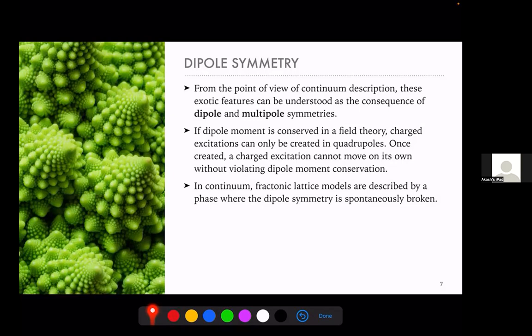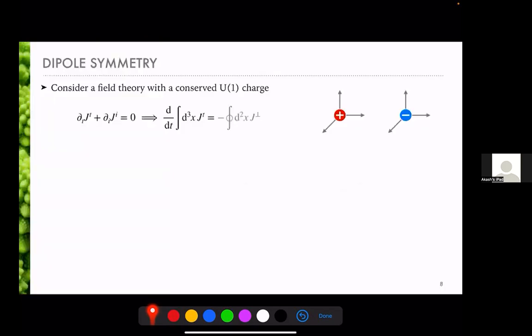Okay, so let me get to some equations. So this is a normal U1 charge. This equation, hopefully you have all seen plenty of times. This is essentially a conservation law for some U1 density JT and some flux JI. What that means is that if I integrate JT over some volume and take the time derivative of it, it will be given totally by a surface integral.